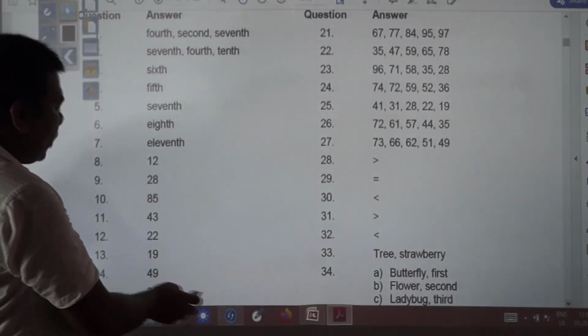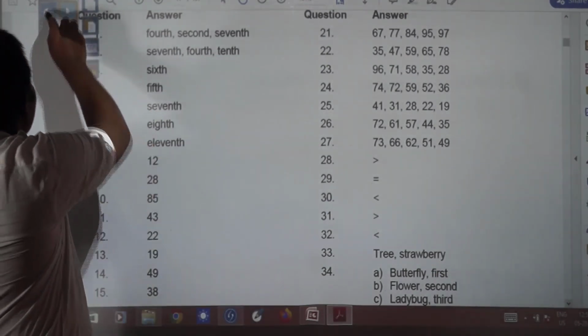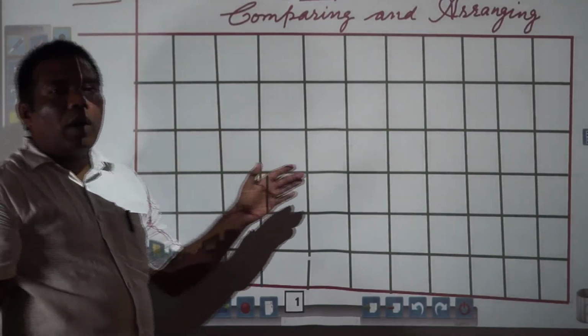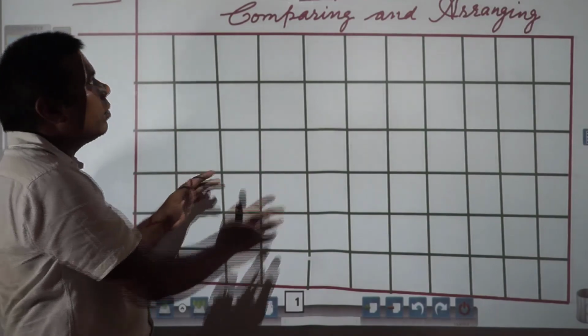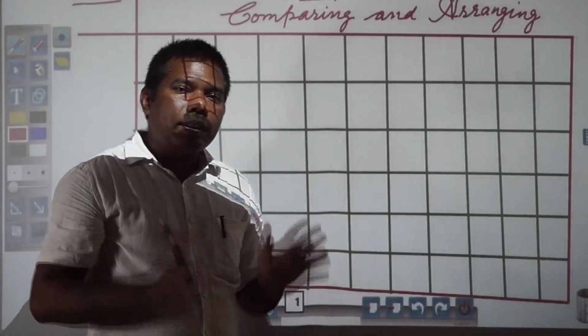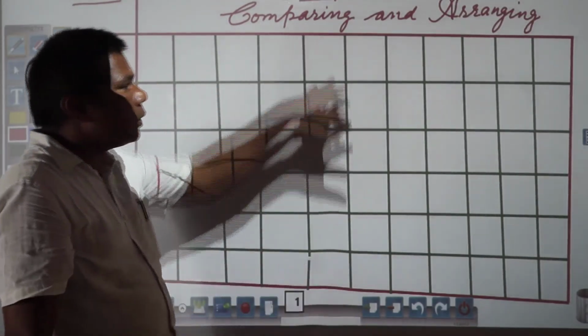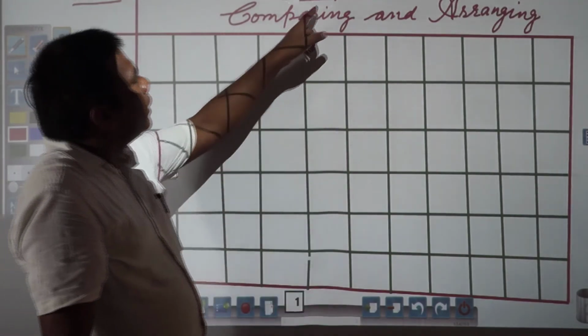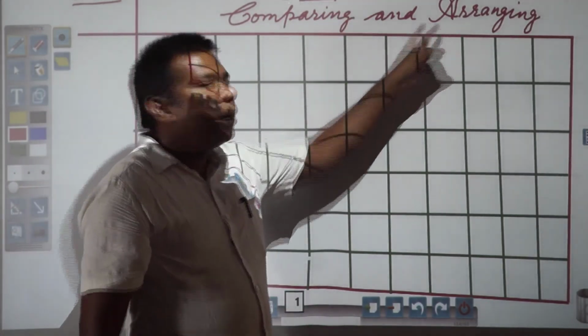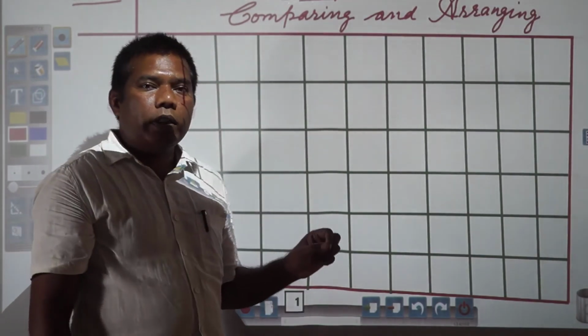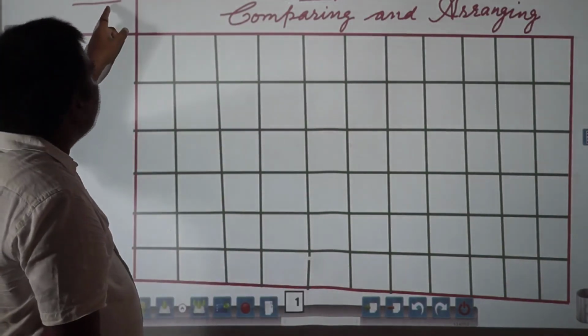Okay, next thing I wanted to tell you, and that is very important. In your copy, how will you write? Suppose this is your copy, this is your first page. You might already have started the first lesson, but it should be written in this way. The chapter name, Comparing and Arranging, should be written in cursive handwriting. Then the date is required.